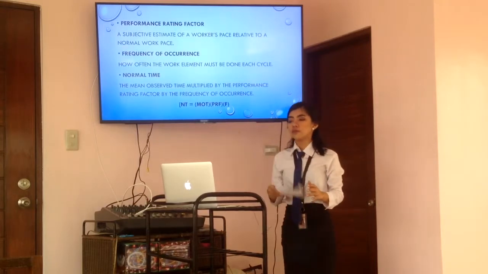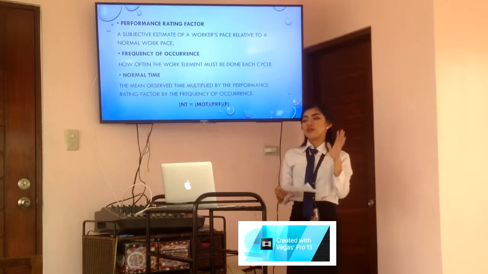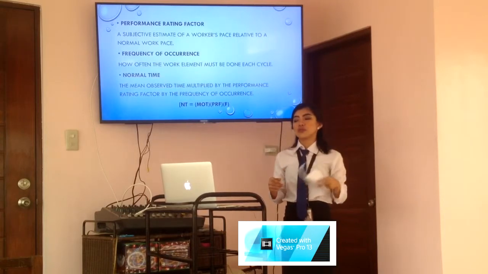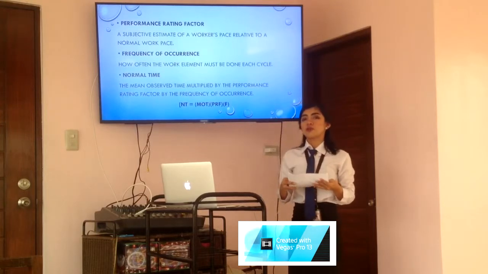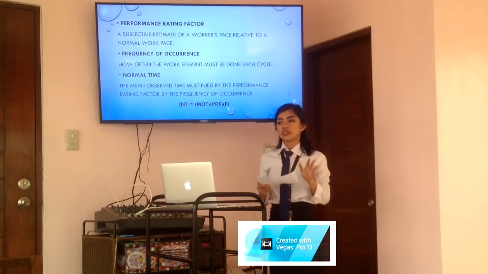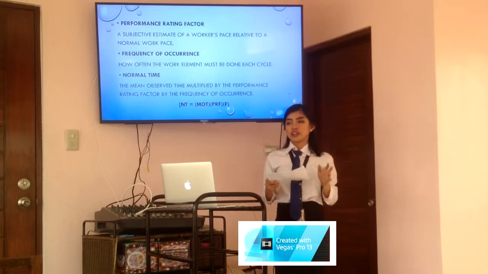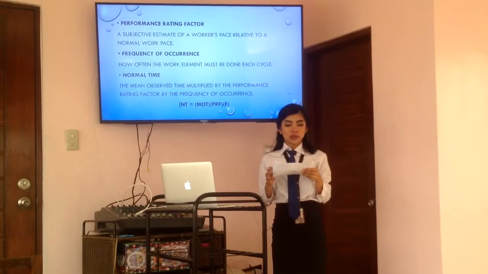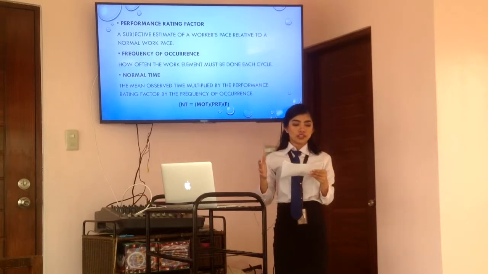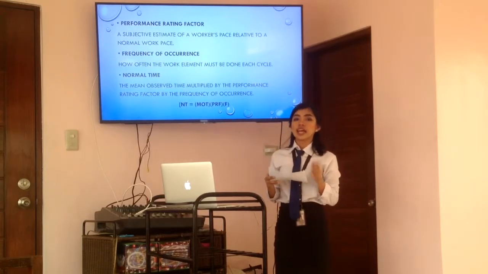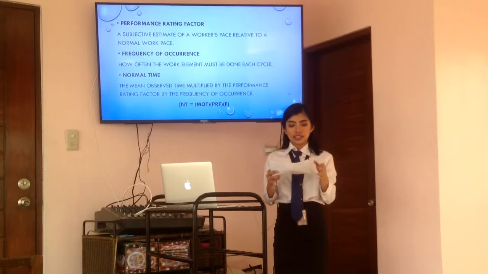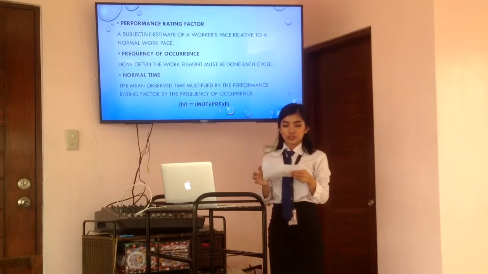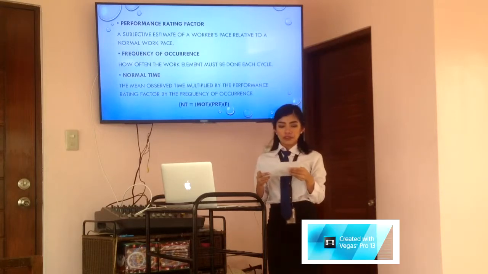Before doing the formula for the normal time, which is mean observed time times PRF times F, we should first know what the performance rating factor is. Performance rating factor is a subjective estimate of a worker's pace relative to a normal worker. The observed worker may be average, above average, or below average. As a time study analyst, you make a judgment about the observed worker in terms of how far from average it is.